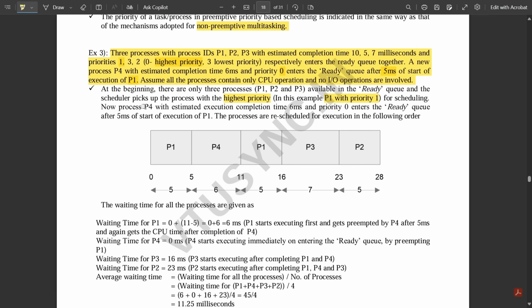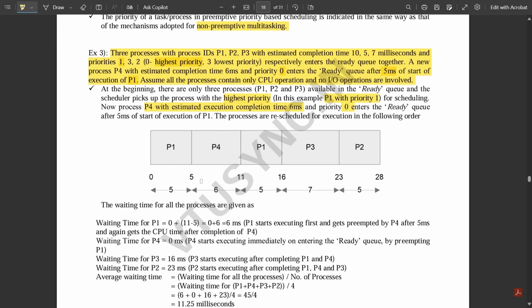Now process P4, with estimated execution time of 6 milliseconds and priority 0, enters the ready queue after 5 milliseconds of execution of P1. The processes are rescheduled for execution in the following order. At the beginning P1 is selected since it has the highest priority, so it executes up to 5 milliseconds.